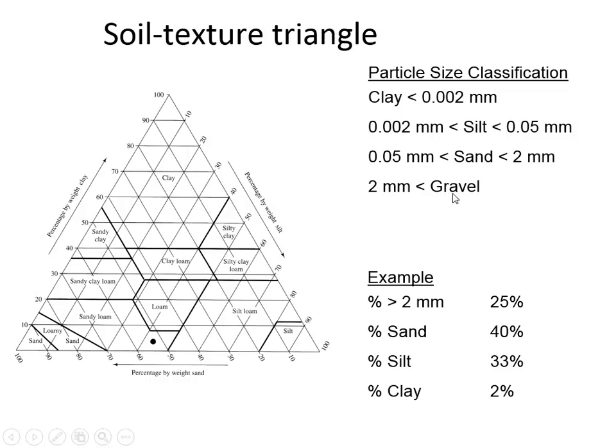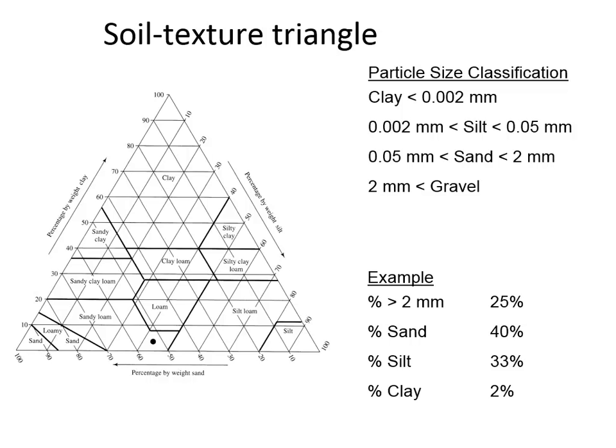And let's classify a soil that in the lab with the sieve analysis, they did a test and found out that of the soil that's there, 25% is greater than 2 millimeters, 40% is in the sand range. So we know sand is between 0.05 millimeters and 2 millimeters. 33% is in the silt range, and then 2% was clay.